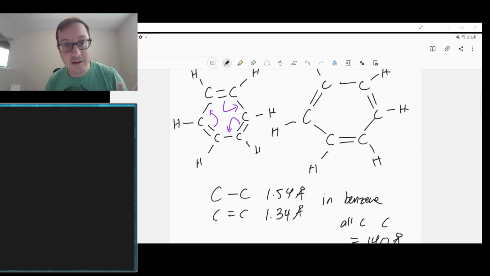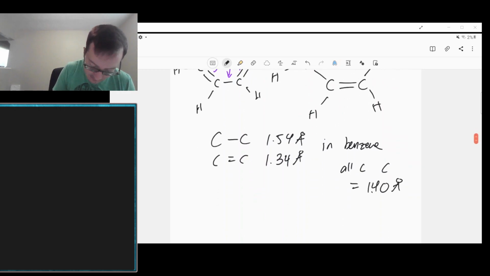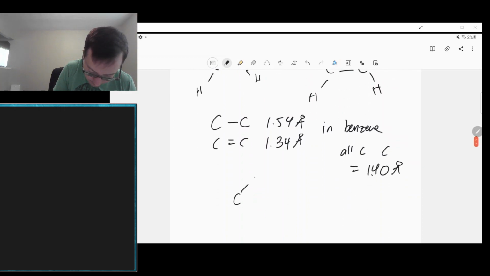And so that has this idea of the delocalization of the electrons. We don't have discrete single bonds or discrete double bonds. We have this kind of in-between idea. And so we often will write benzene, all these vertices represent the carbons.